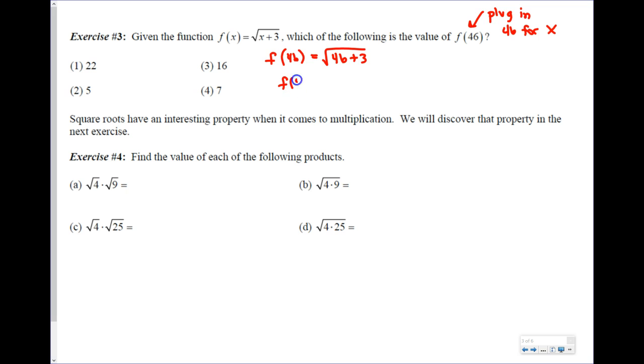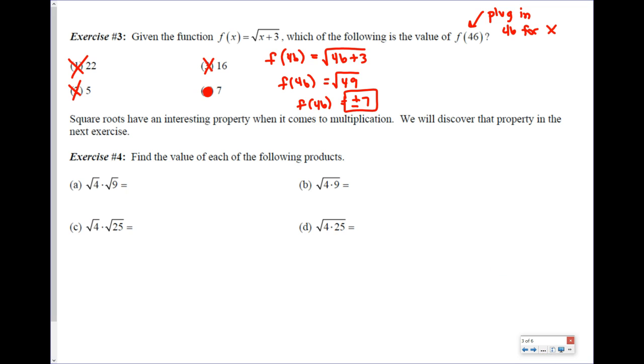And now I'm going to simplify. I'm going to leave my square root symbol, and 46 plus 3 is 49, and the square root of 49 is going to be plus or minus 7. Now it can't be 22, can't be 5, can't be 16, so the answer has to be 7. If the answer here was also negative 7, that would be correct as well. Plus or minus 7 is the correct answer here. Okay, so this answer fits our answer choice.